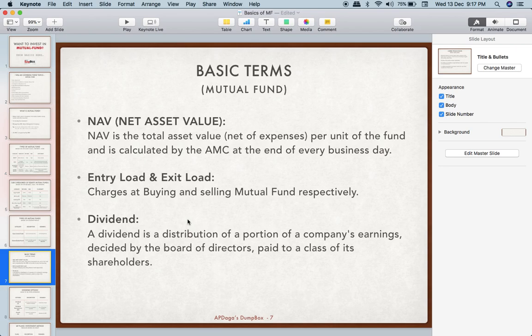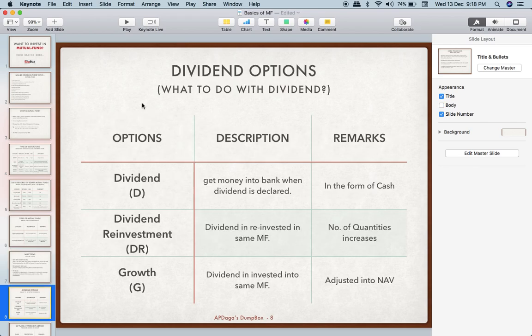You have to decide at the time of investment only what you want to do with that dividend. Based on that, you have three options: dividend, dividend reinvestment and growth.